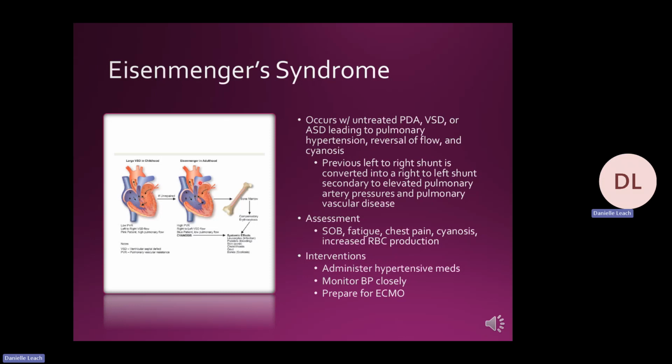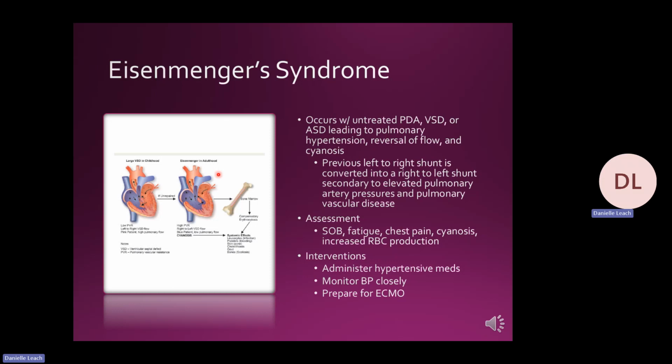When this happens, we are going to have less blood going up to the lungs and more unoxygenated blood going over to the left side of the heart and then to the body. This is going to cause the person to be short of breath because they're not getting enough blood to their lungs. They're going to be fatigued because they're not getting enough oxygenated blood to their body.